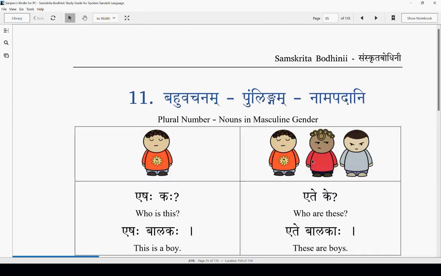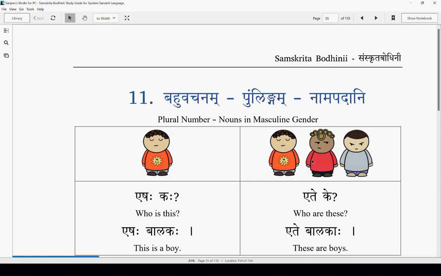So we did this, the Bahuvachanam, Pullingam, Namapadani. So studying this Bahuvachana Pullinga, Eshaha, Kaha, on the left side we have Ekavachana and on the right side you have Bahuvachanam.